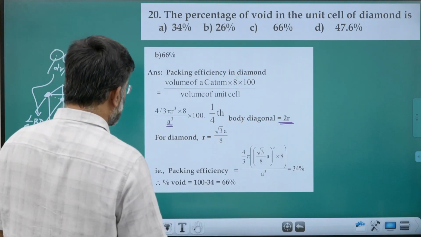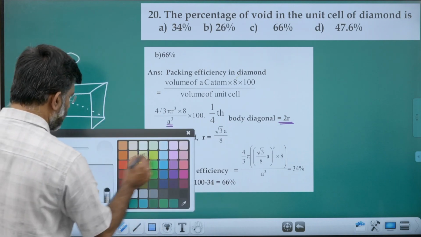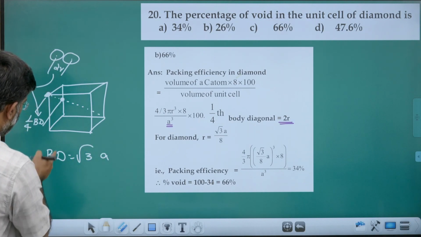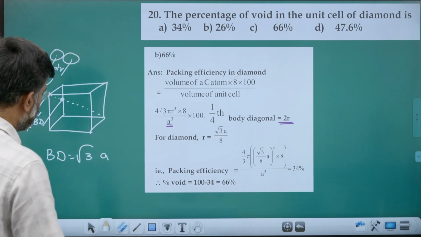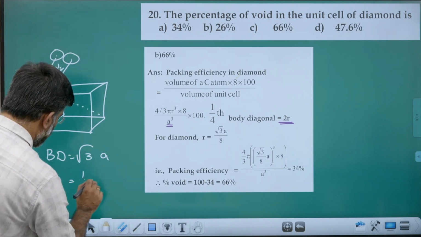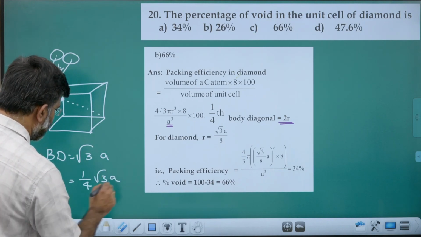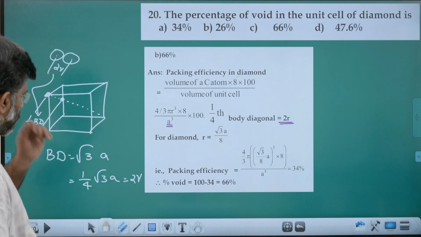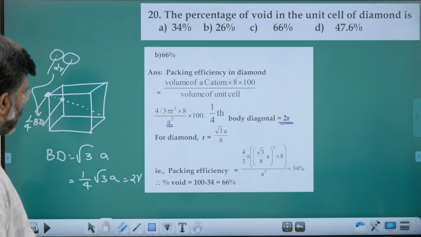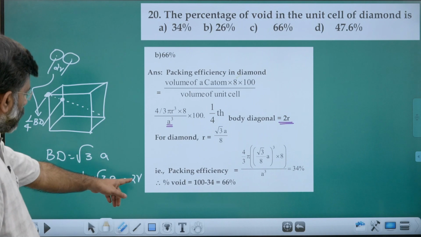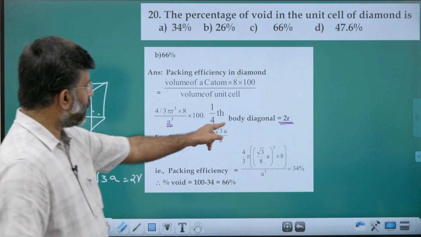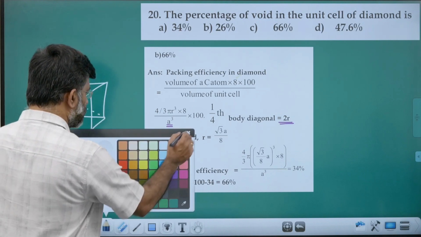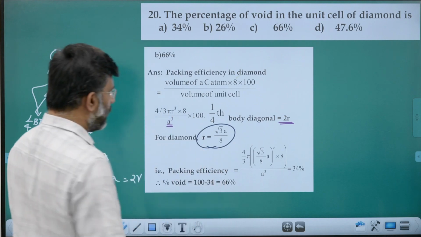So 1/4 of that is 1/4 root 3a, which is equal to 2r. Therefore, r is equal to root 3a by 8.